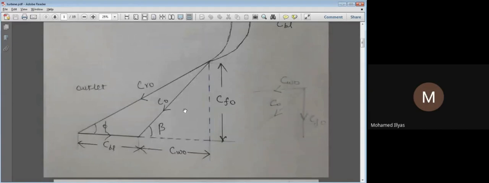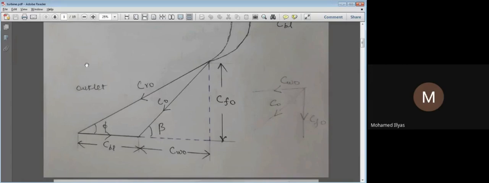Now, we have the two components of velocity, the tangential and the axial component. With respect to C, here also we should have them. When it is coming in this direction, I should draw the tangential component and the vertical, axial component in this way. The direction should change. So I have CO here, and CFO as it is, I have drawn it.